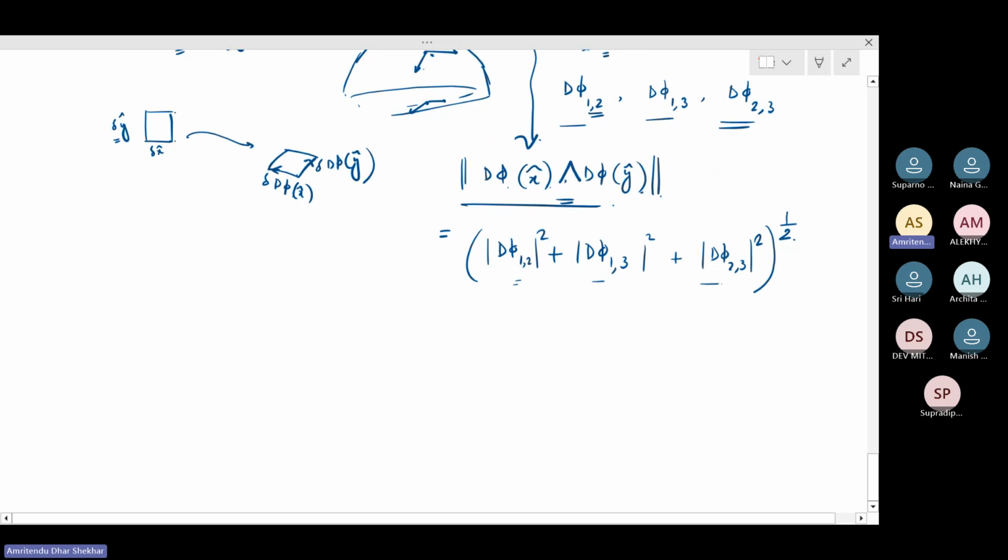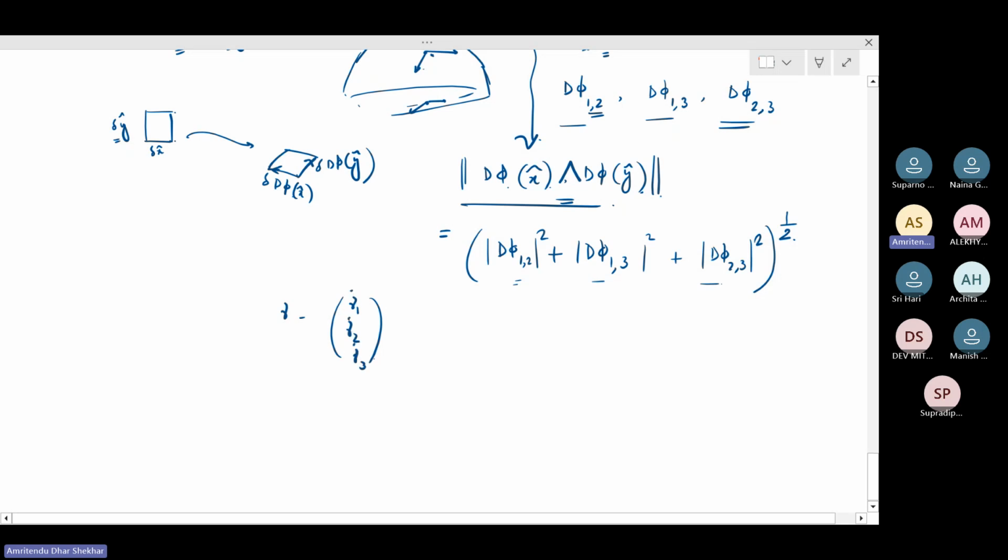Okay. If you want to quickly draw an analogy with curves, let's say gamma was a curve. Then your Jacobian matrix would be a 3x1 matrix, looking like gamma 1 dot, gamma 2 dot, and gamma 3 dot.